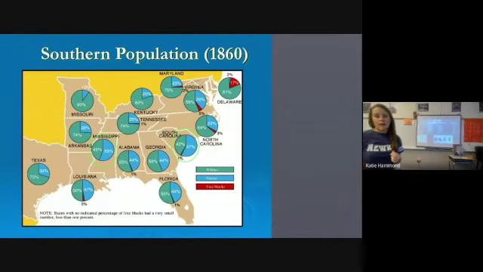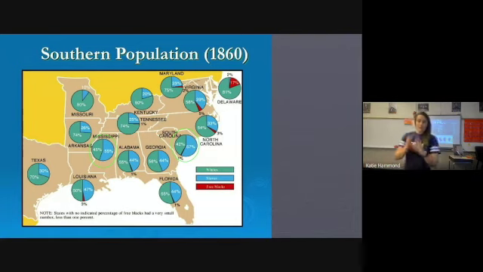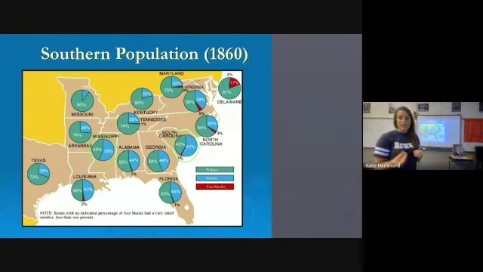Now this one is about Southern population in 1860. These are all little pie charts that tell you what the percentage is. The greenish represents white people in the South. If you look, I did some green circles. There are only two, I think, where slaves make up the majority.